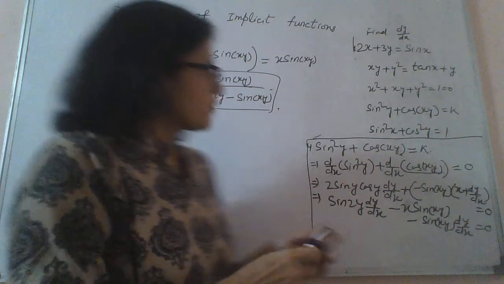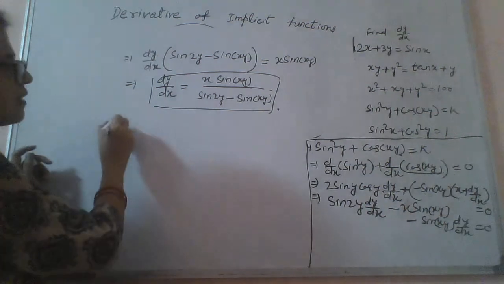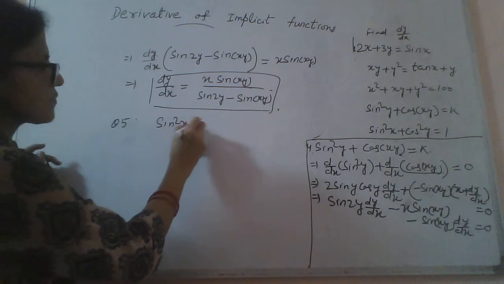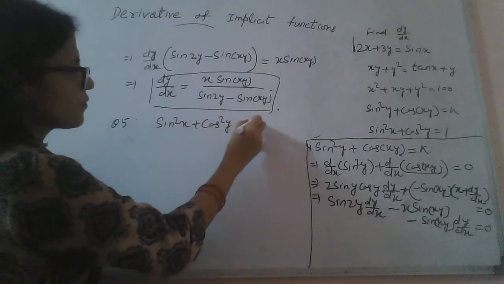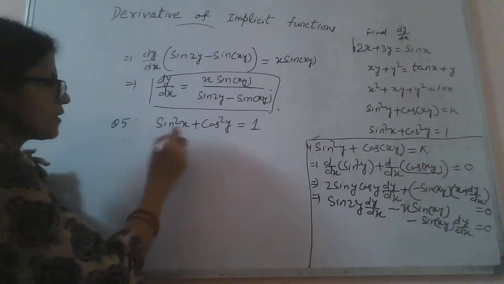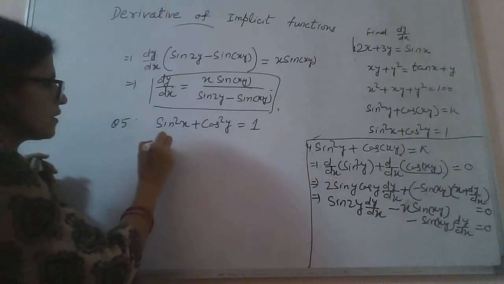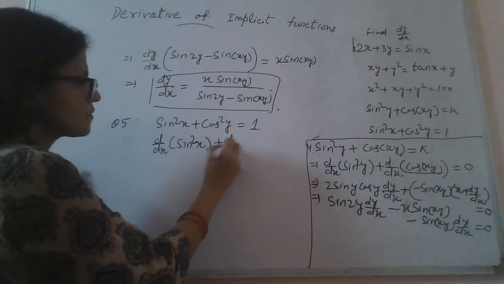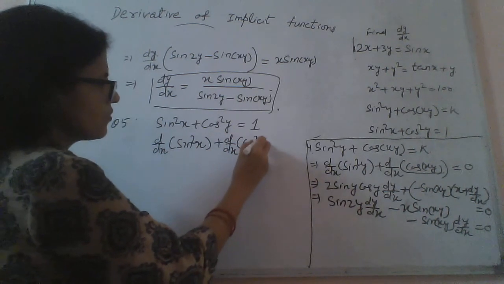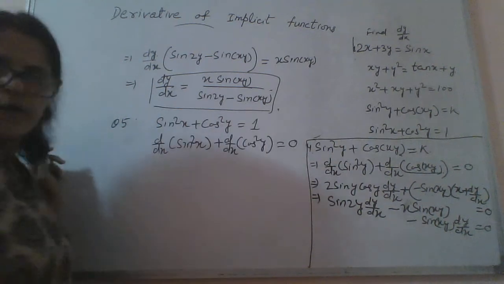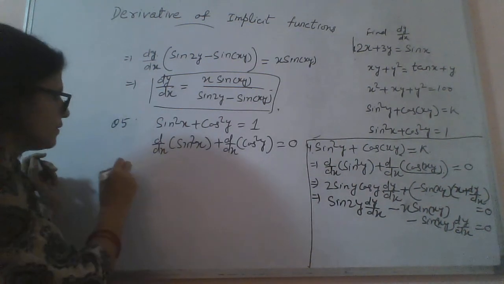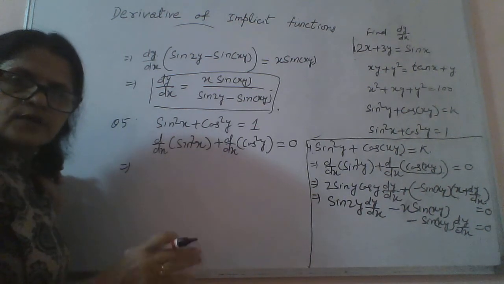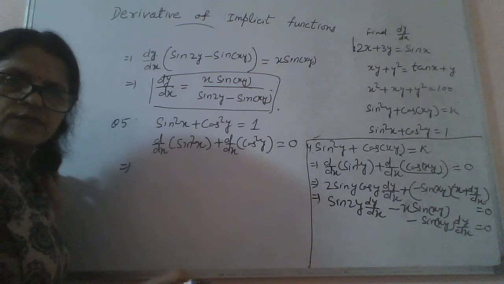Clear? Okay, so next question is our question number 5. Sin square x plus cos square y equal to 1. So again differentiating both sides with respect to x, d by dx of sin square x plus d by dx of cos square y equal to d by dx of 1, that is equal to 0. This implies d by dx of sin square x. So sin square x is a function of sin x, then sin x is a function of x.